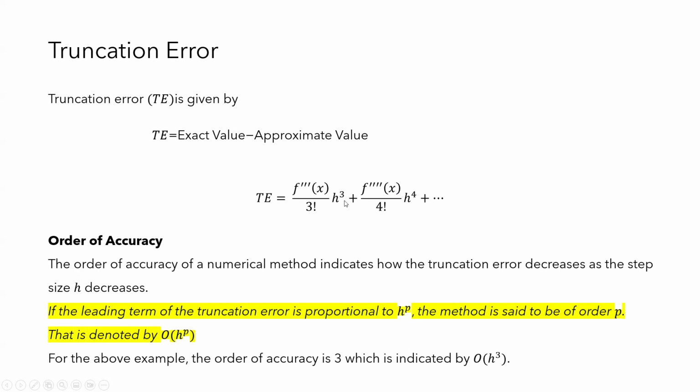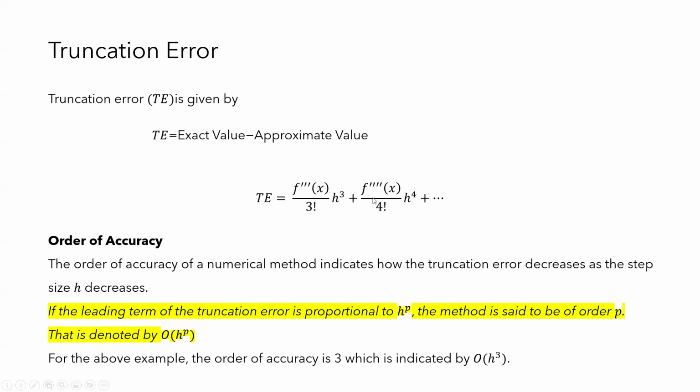Let's say, if h is 0.1, this is 0.01. There are 3 decimal places for this. This one will have 4 decimal places, and the other higher terms will have more than that. So these terms become negligible. Therefore, we are only considering the first term. That is the most influential term in the truncation error.